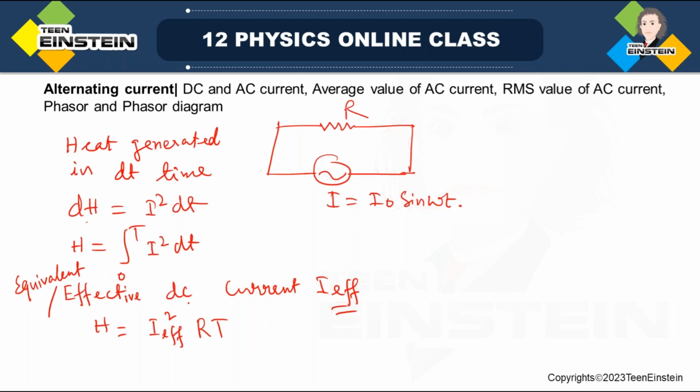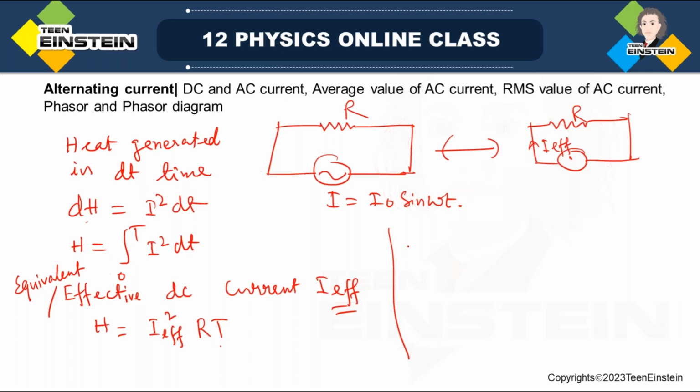If I send IEFF from a DC source through this for a time T, it will produce the same heating effect.